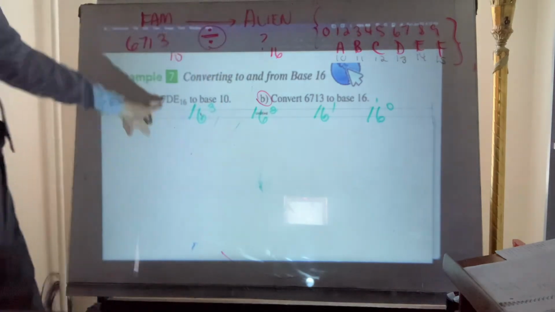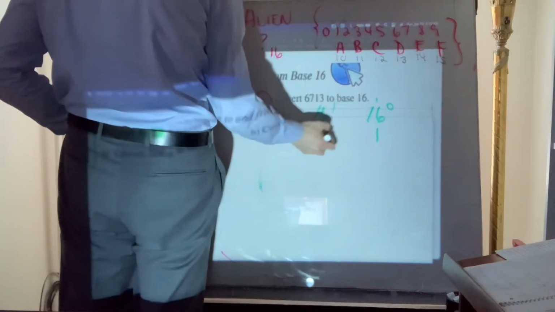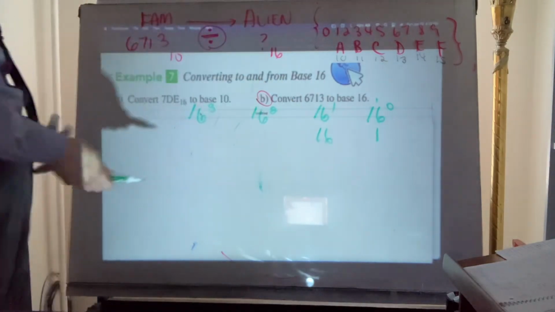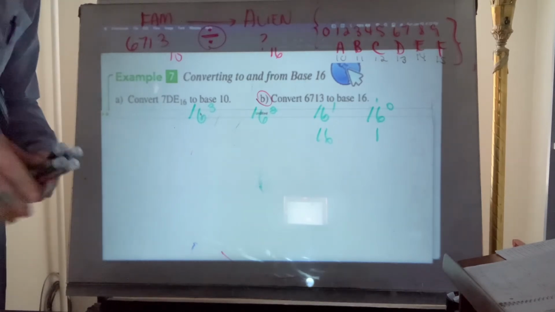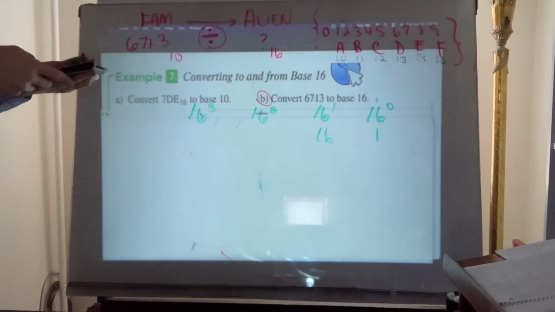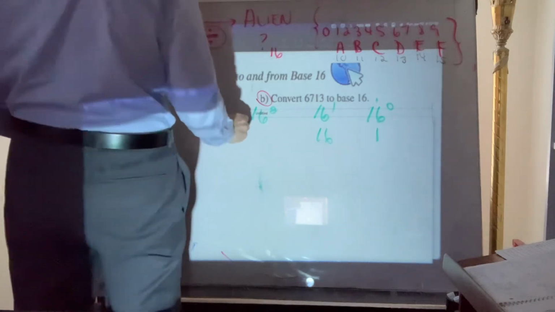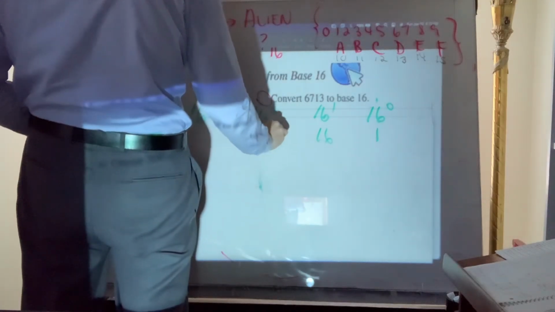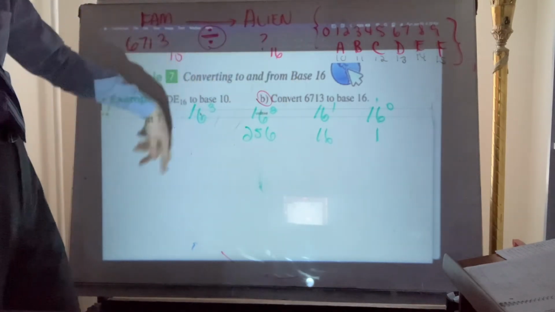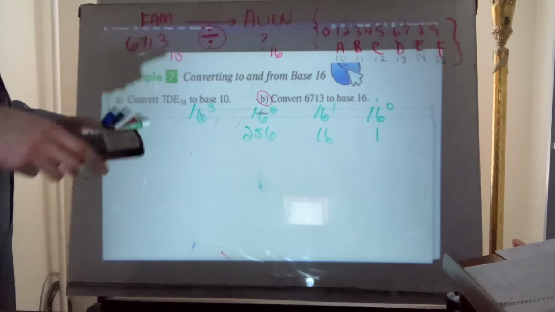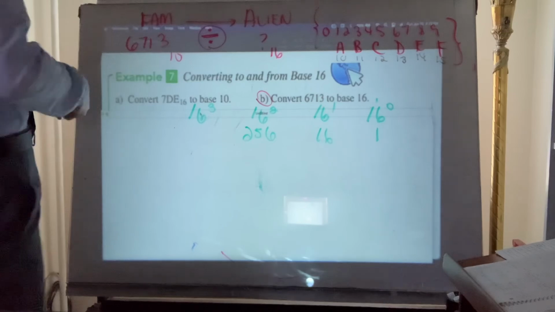It's not a question because we're not starting with the alien system. 16 is 16, 16 times 16 is 256. Looks like we might need something significantly beyond that. So what's 256 times another 16? 4096.